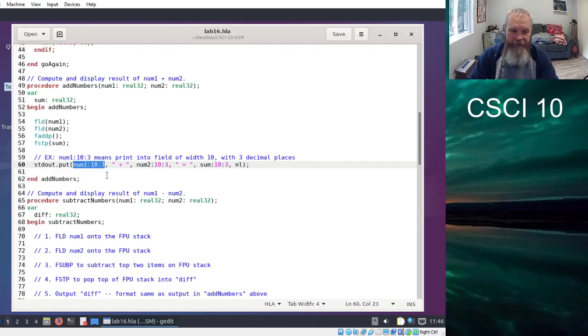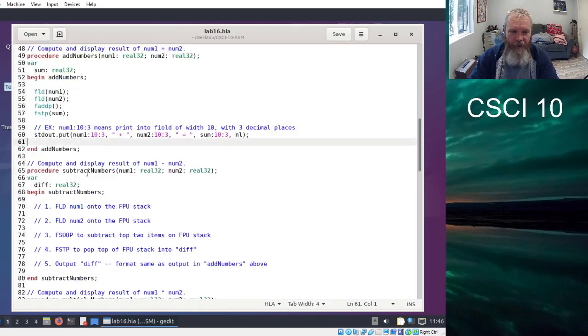I love this. I wish every language did this, but HLA has a special printing syntax for floating point values, for reals, which is awesome. So we take num1, we give it a field of 10 characters wide, which just means it'll have some extra spaces probably, and then we say we want to print it to 3 decimal places.